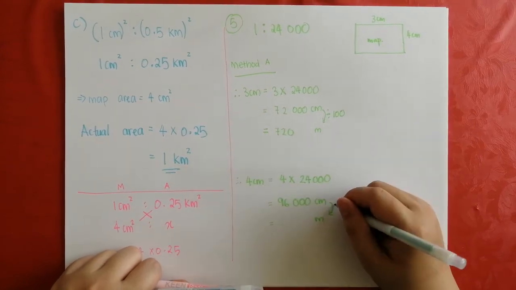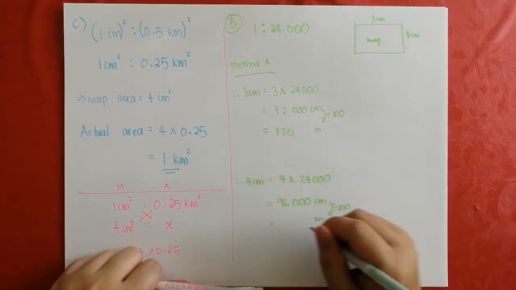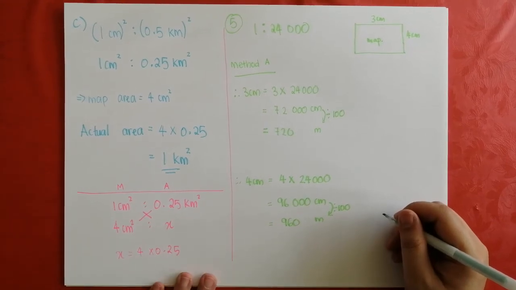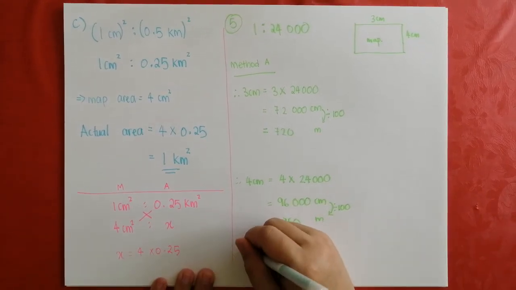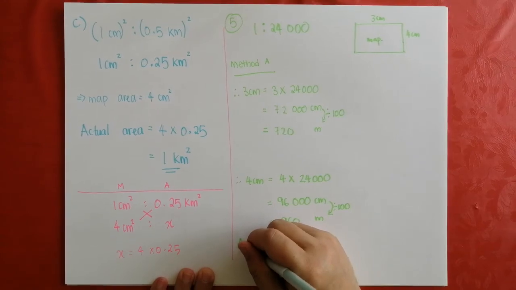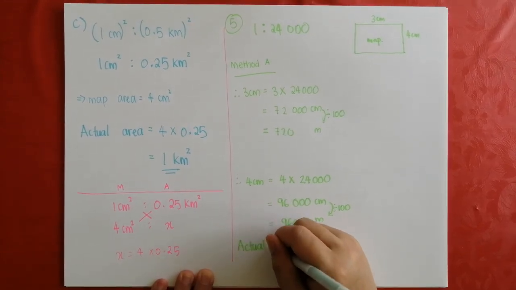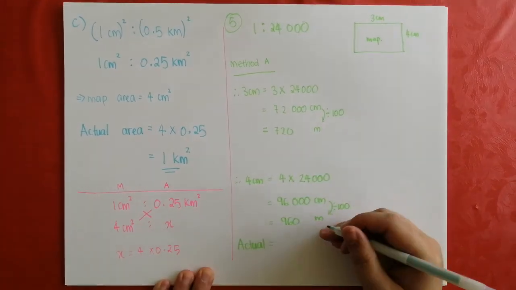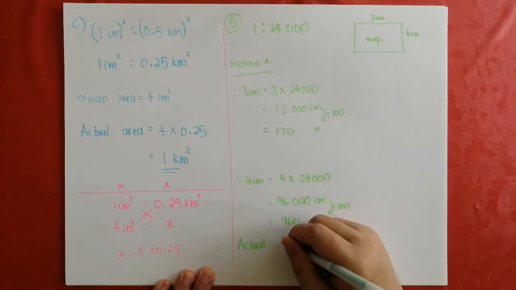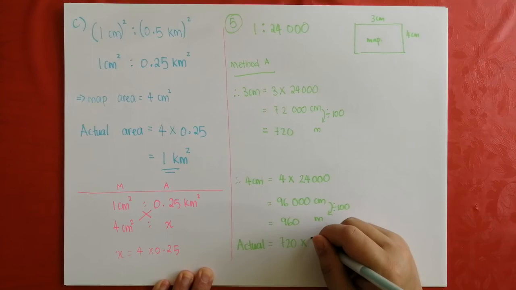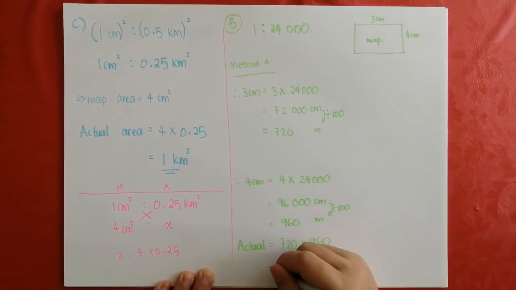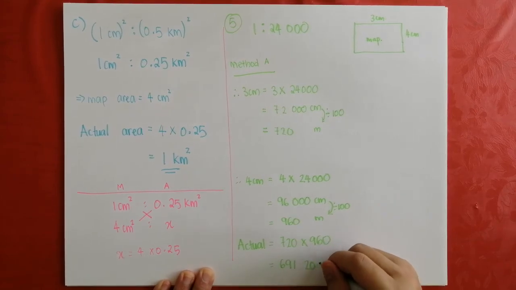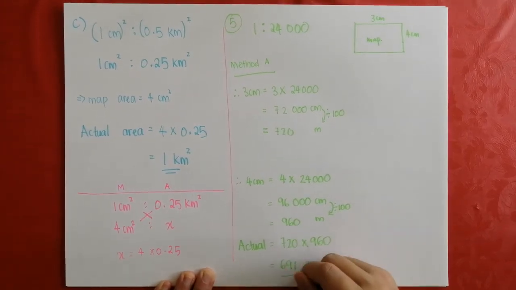Using the same process, divide by 100, that gives you 960 meter. The area of a rectangle is length times breadth, so we multiply the two actual lengths, 720 multiplied by 960. That gives you an area of 691,200 square meter.